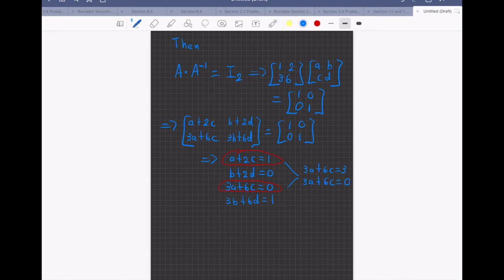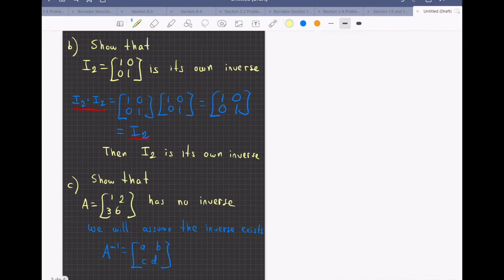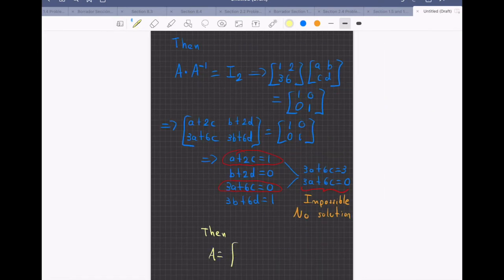So one side of the equation would be equal to two different numbers. So this is impossible. It has no solution. So if no solution, then this matrix A, [1, 2; 3, 6], has no inverse.